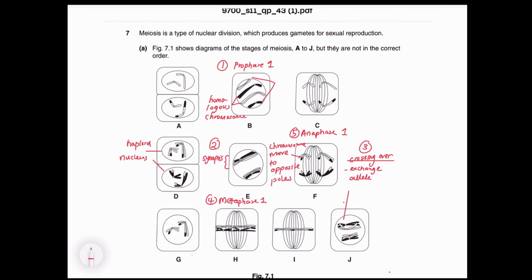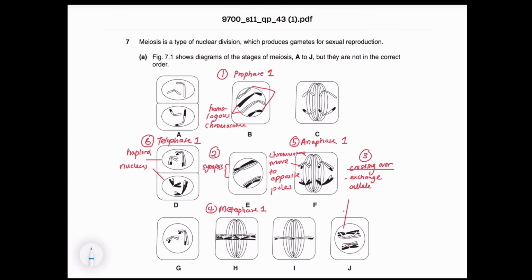And as you can see, the chromatids of each chromosome are already no longer identical. So this is when the haploid nucleus or haploid cell is already formed. And this is step 6, telophase 1. So that is the end of meiosis 1.